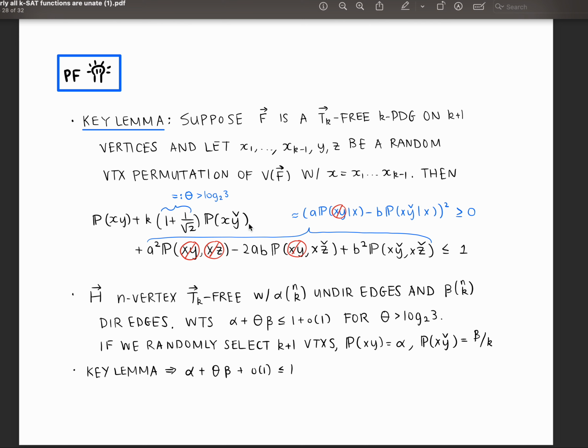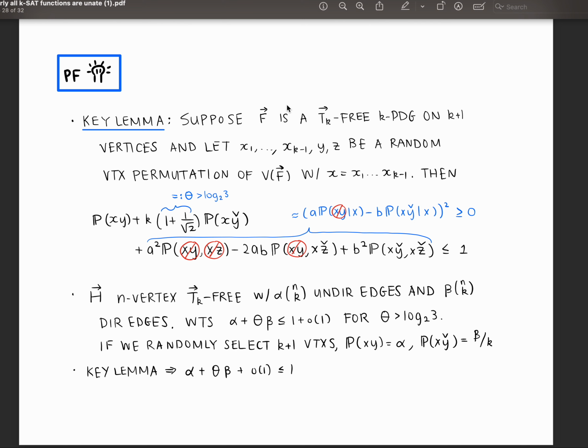Then our key lemma is just verifying that the probability that xy forms an undirected edge, plus k times theta, which is 1 plus 1 over root 2, which is importantly bigger than log base 2 of 3, times the probability that xy forms a directed edge directed towards y, plus something that's essentially non-negative because it's a square, is at most 1. And so we prove this inequality, which you can just prove by hand because this is only some probabilistic statement about a k plus 1 vertex hypergraph.